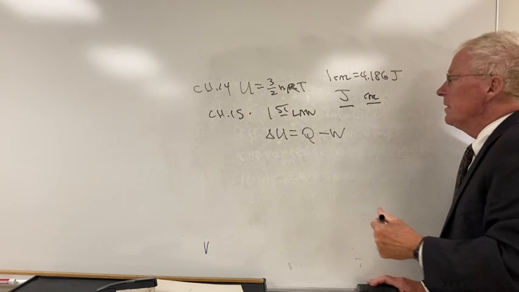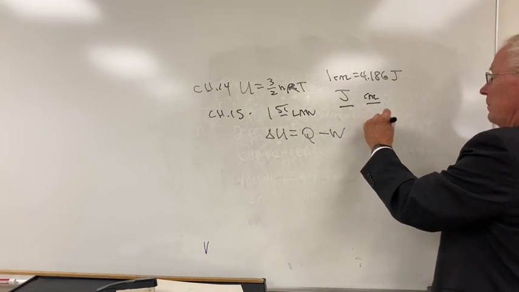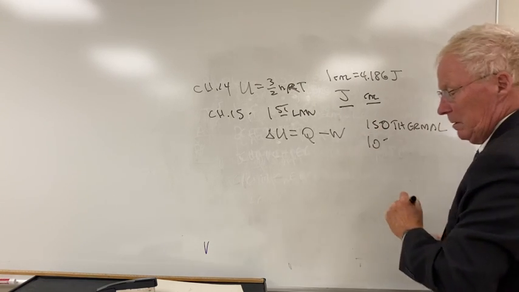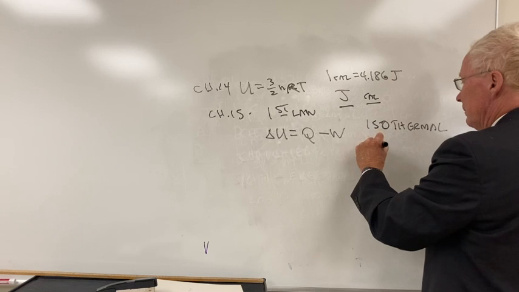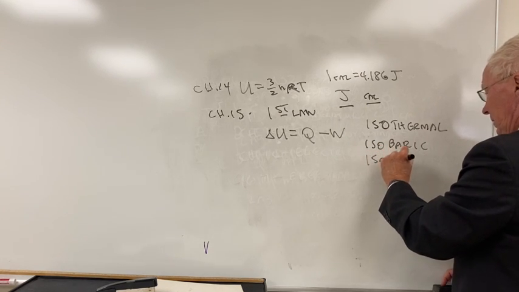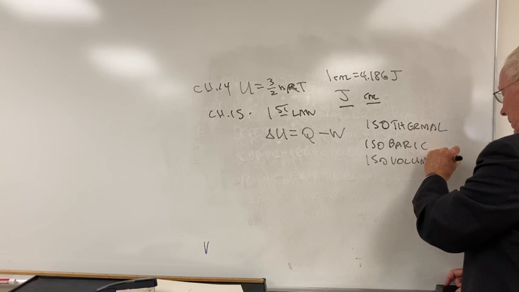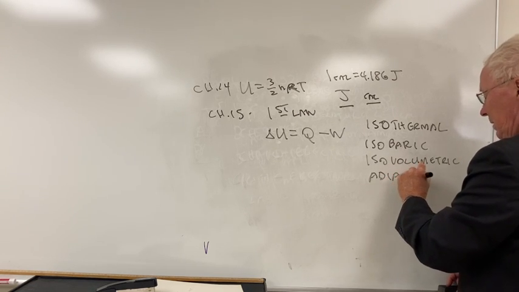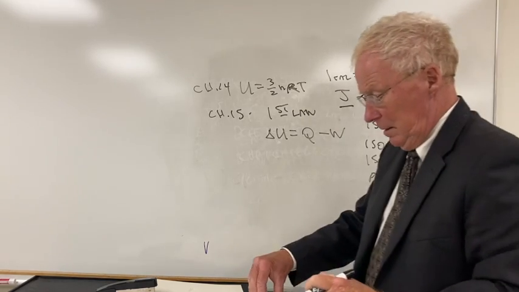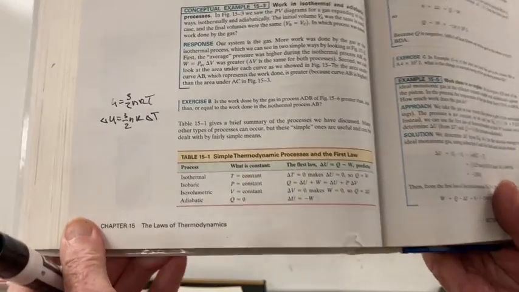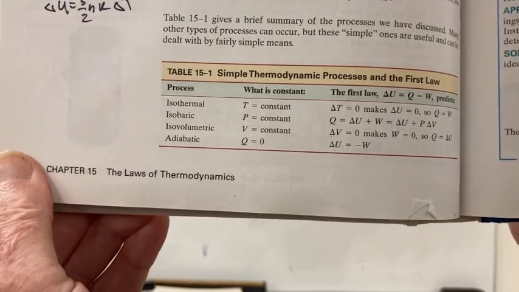Again, different processes: isothermal, isobaric, isovolumetric, adiabatic, and okay, again, summarized in the table, table 15.1, which I've discussed in the lecture, as far as what the different processes are, what's constant.